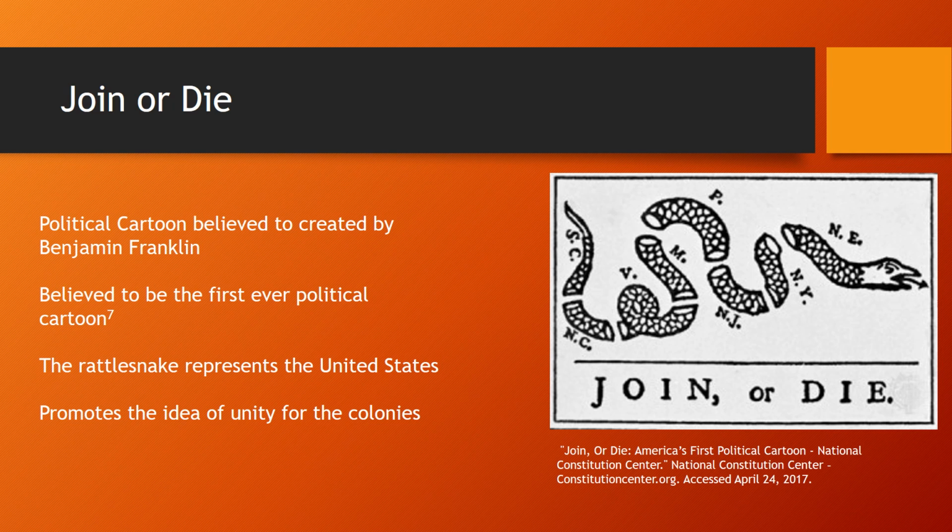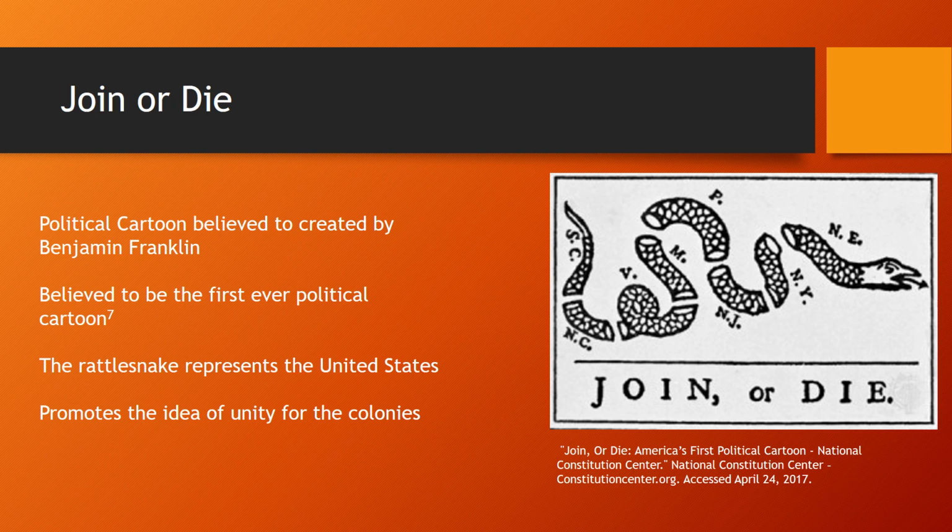As you can see, you have NE, NY, NJ, PM. These stand for the colonies: New England, New York, New Jersey, Pennsylvania. It's showing that if they stay divided, the snake will die. Join or Die is basically saying we need to unite.